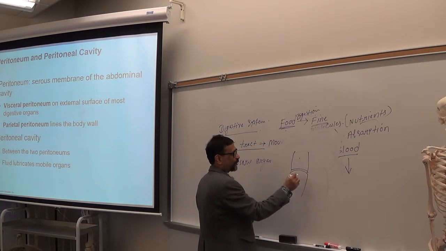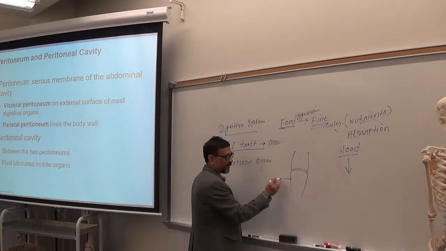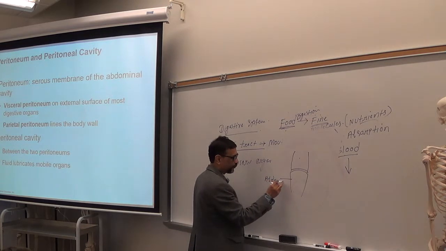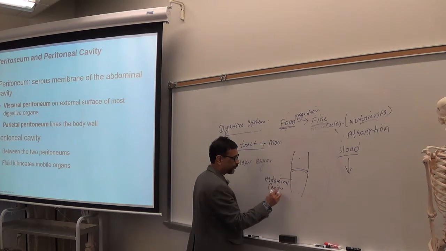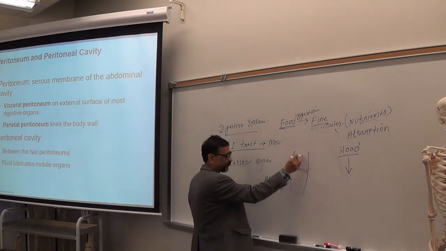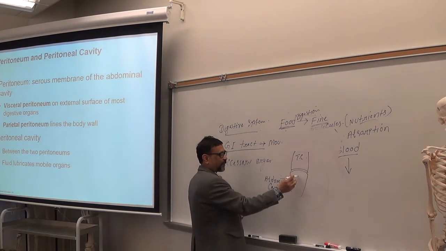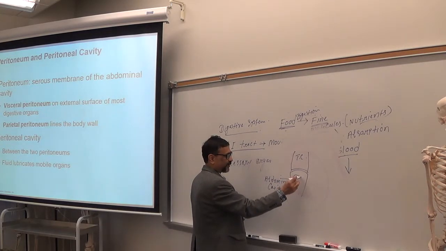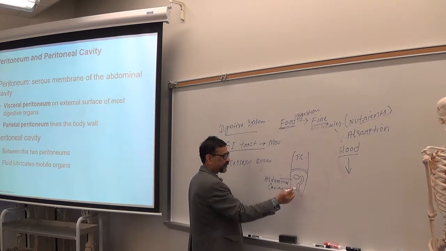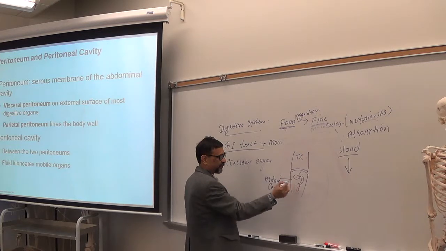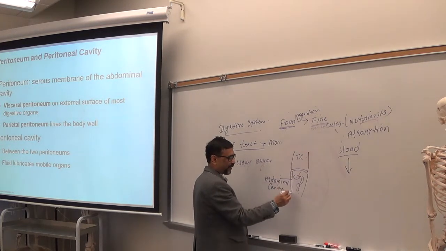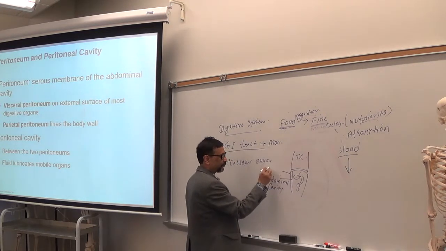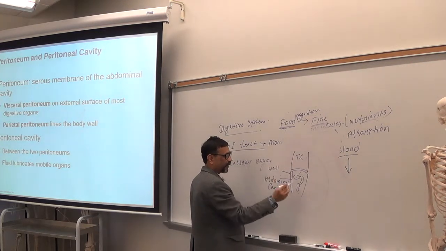Okay. So this is the abdominal cavity. This is the thoracic cavity. And you have liver, intestine, small intestine, large intestine, those structures in the abdominal cavity. What happens? This is the abdominal wall.